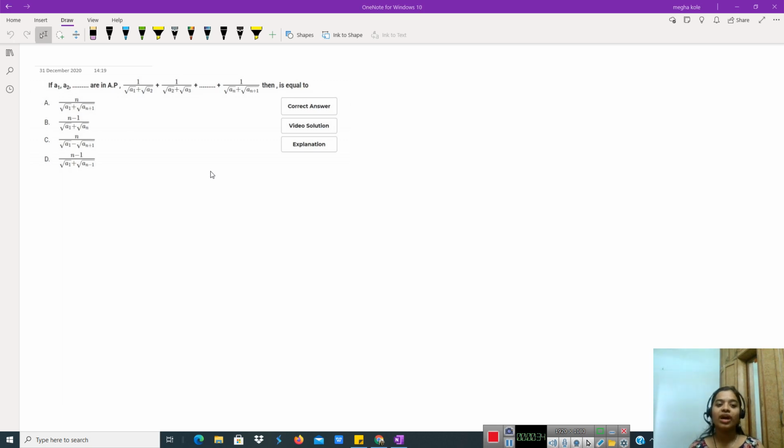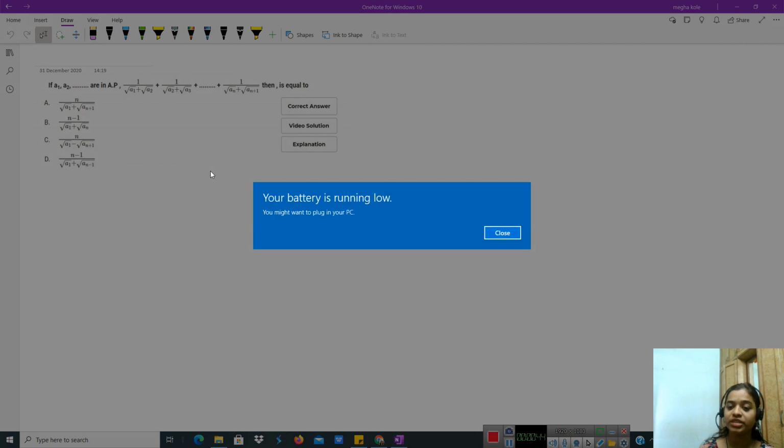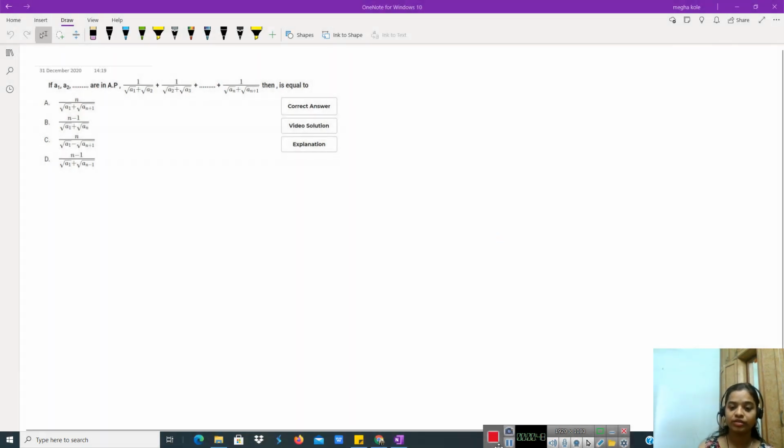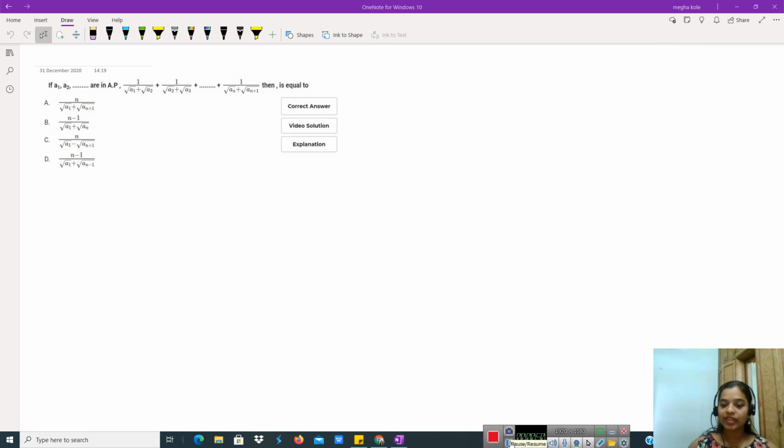Okay, so arithmetic progression means it is a sequence of numbers where the difference between any two successive numbers is constant. Let's take an example.